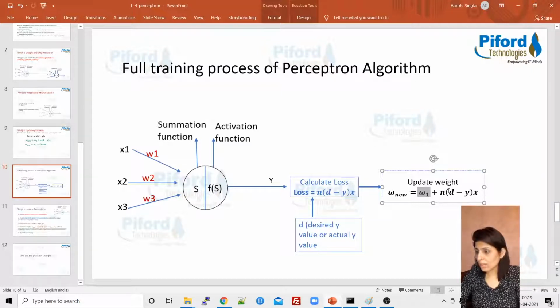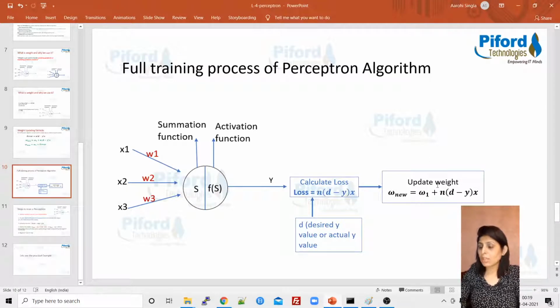If you see over here, n (d minus y) x, so instead of writing this, you can directly write the loss value which you calculated over here, or you can calculate again over here, because this thing is similar to this.